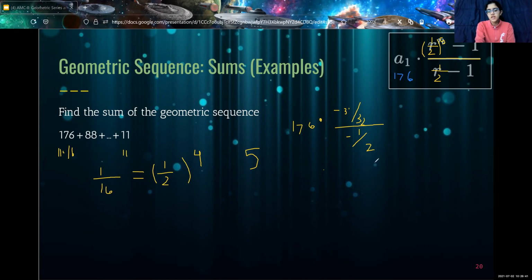Because this would be equal to negative 16 over 32. Because 1 over 2 to the power of 5 is 1 over 32, right? So 1 over 32 minus 1 would be equal to negative 1 plus 1 over 32. And that would just be equal to negative 31 over 32.